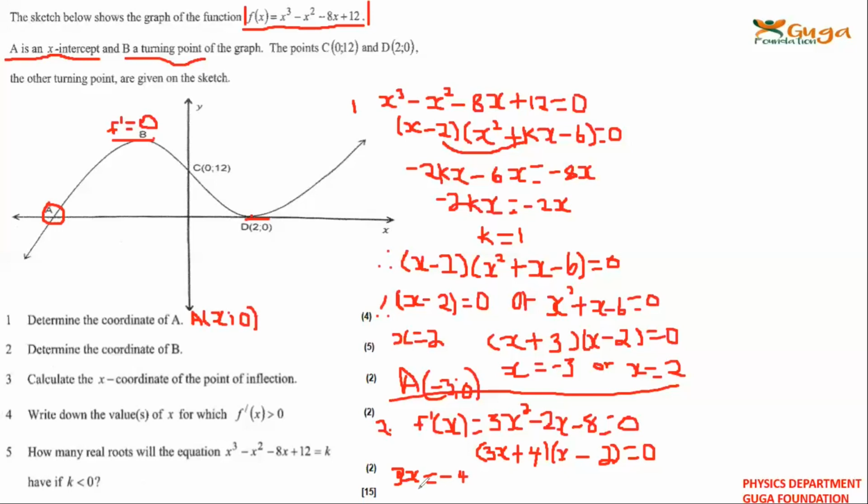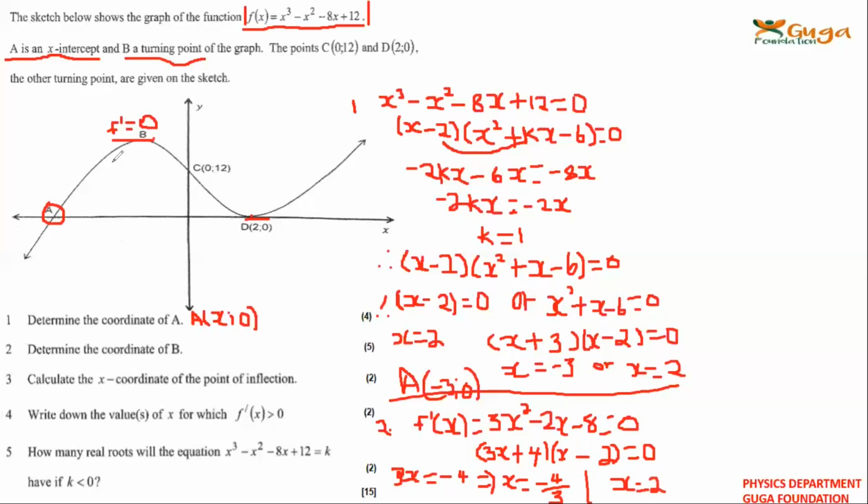So your x therefore should be x is equal to -4 over 3, right? And then we get another one. The other one will be x is equal to 2, right?